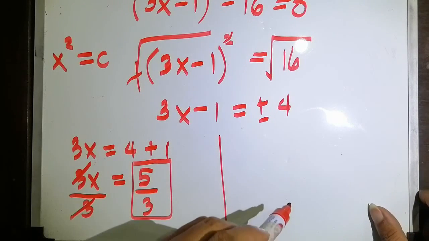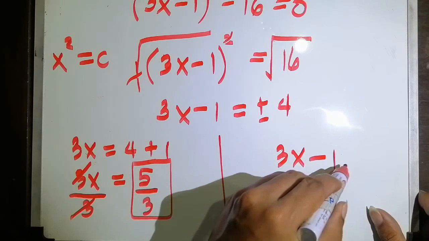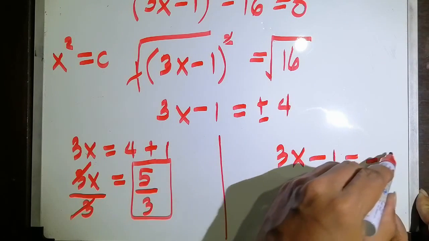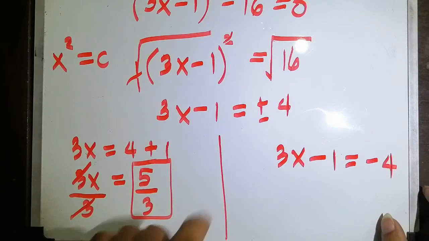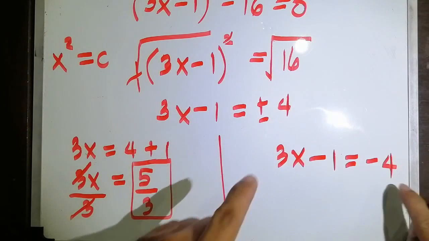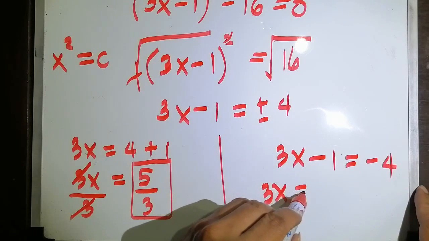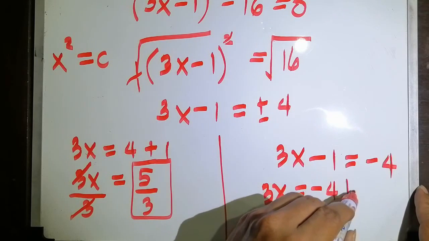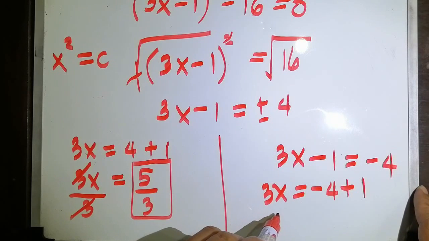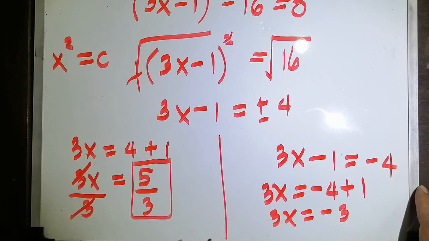Yung isang solution ay 3x minus 1 equals negative 4. Kasi meron tayong positive 4. Ito na yung positive 4 natin. Negative 4. Ito yung negative 4 natin. So, 3x equals negative 4 plus 1. So, we have 3x equals negative 3.